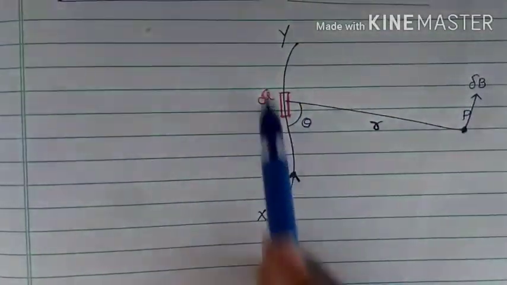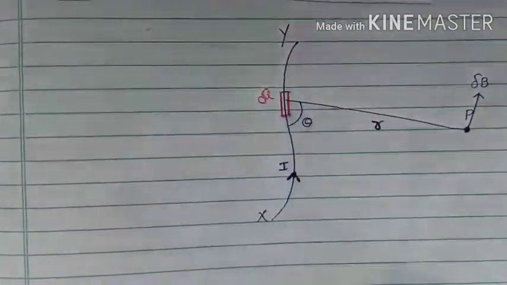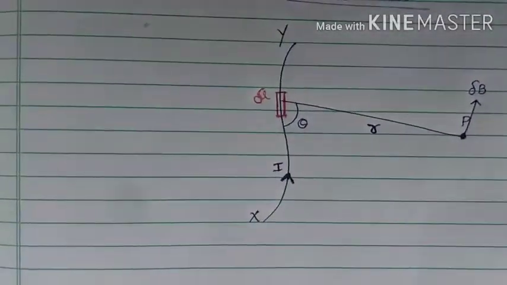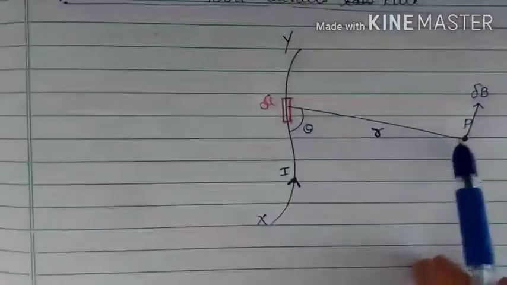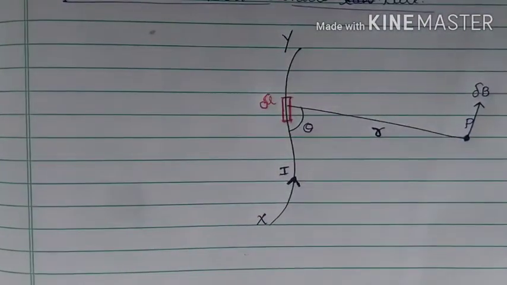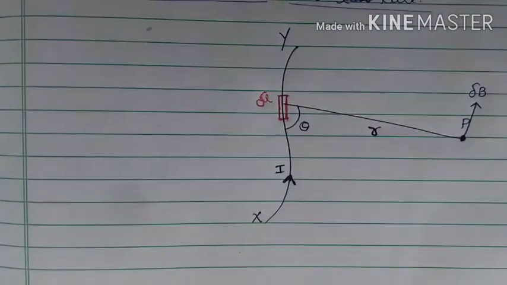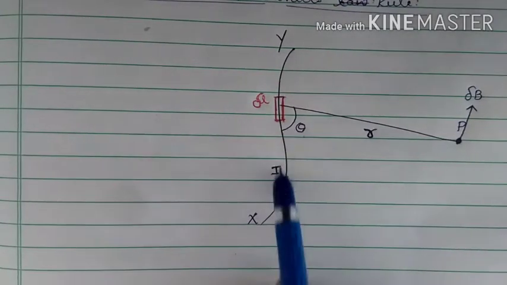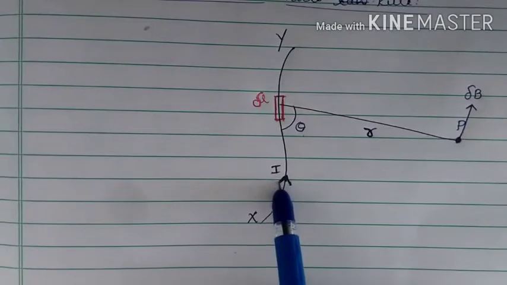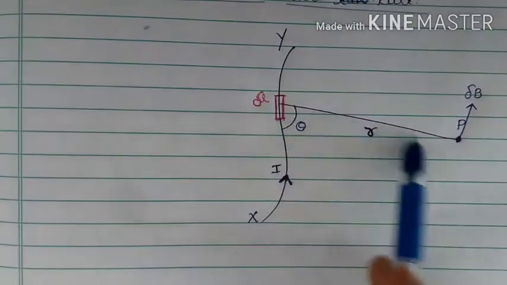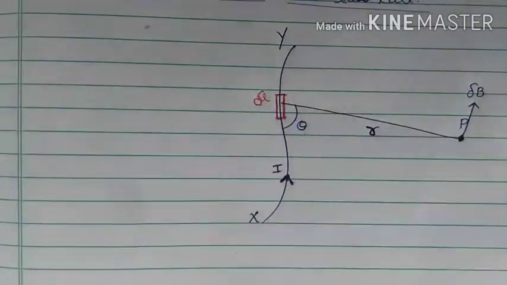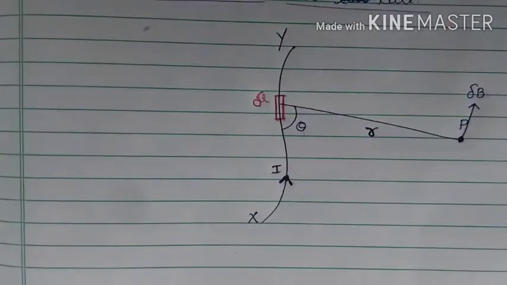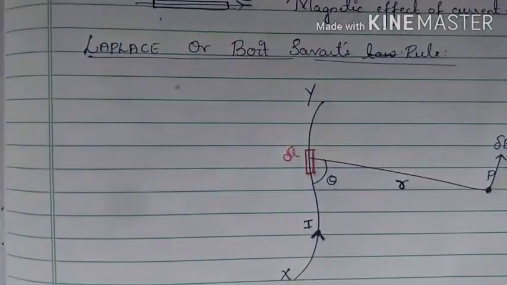In this conductor we have considered a small element dl, and the direction of the magnetic field is perpendicular to the radius vector. And here, what is theta? Theta is the angle between the direction of the current element and the line joining the point to the current element. So that is theta.